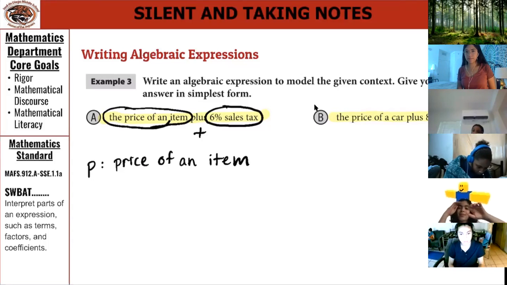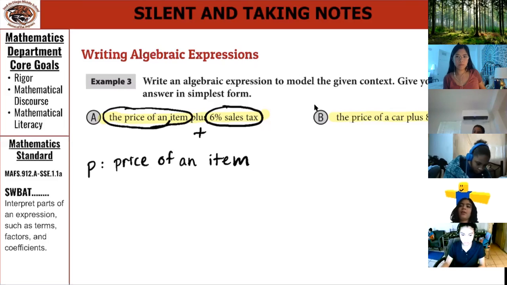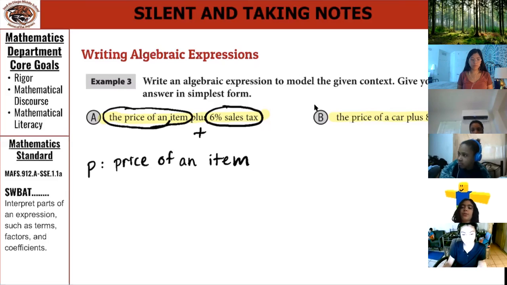Do you want to explain it? It's a small percentage of an item that goes back. So yeah, it's a percentage of the price.